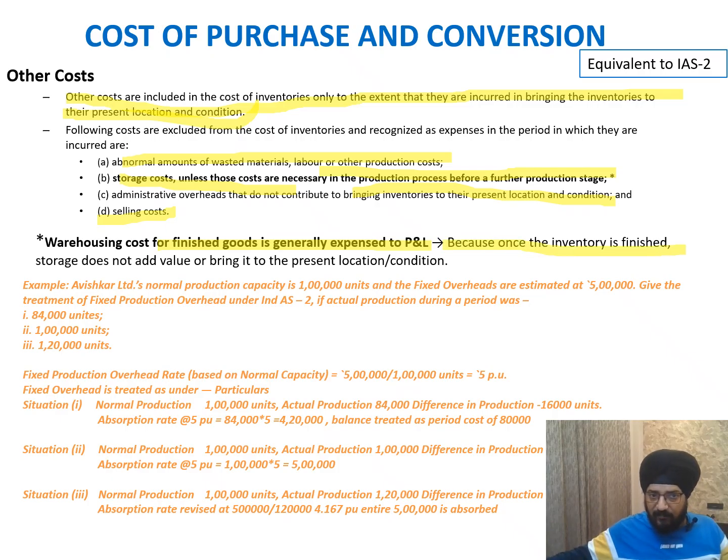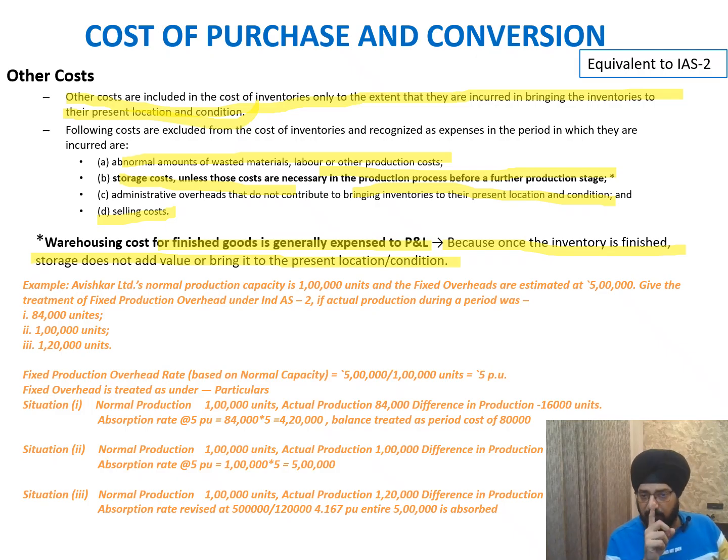Because once the inventory is finished, storage does not add any value in bringing it to its present location and condition. So this is a very important concept, and these are some of the areas with a very thin line in figuring out whether warehousing cost needs to be included or not. First, all the warehousing cost incurred to store my finished goods should be explicitly excluded.